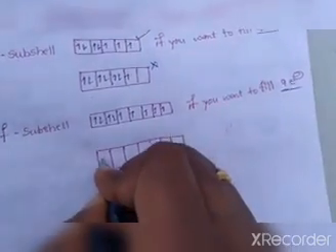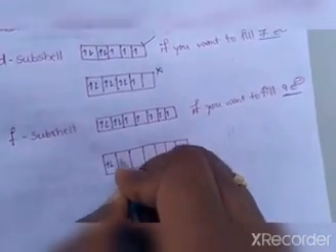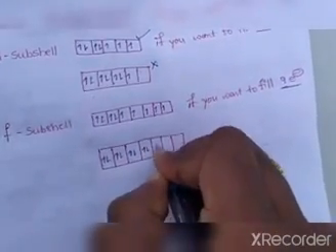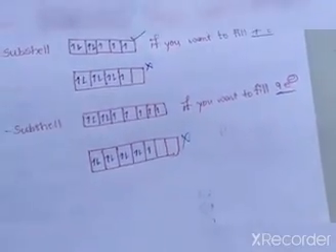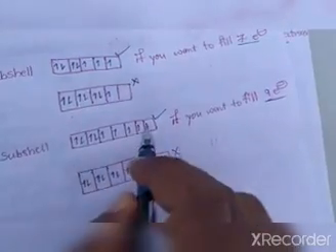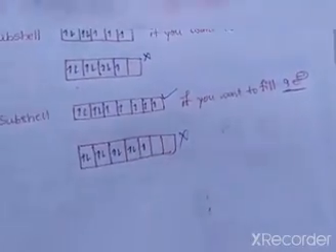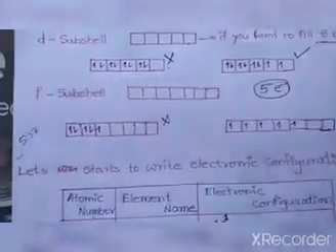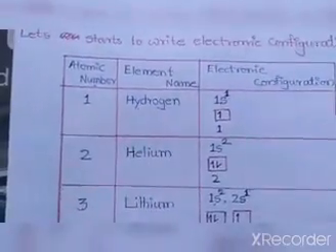What we do wrong is we randomly write this. This is the wrong way. We left 2 electrons. What is correct? All orbitals should contain electrons. This is Hund's rule. I hope, students, you get the idea of Hund's rule.